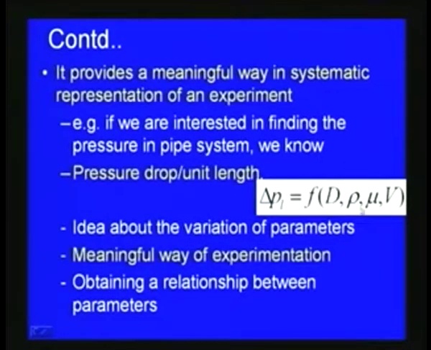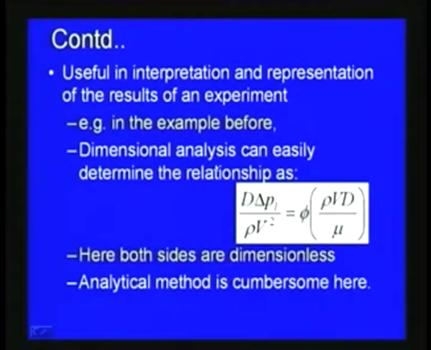From this we get an idea about the variation of parameters, and representing it like this gives a meaningful way of experimentation, through which we can get a relationship between the parameters. Through investigations we can show that this pressure drop depends on the diameter d, density rho, viscosity mu, and the average velocity. So we can get a meaningful relationship.